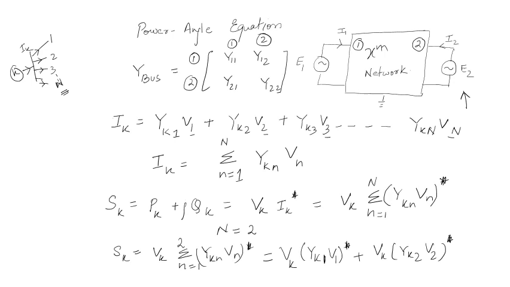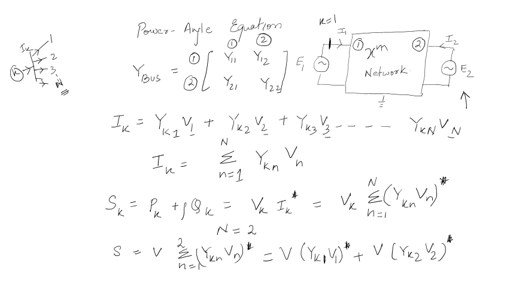So this is how your equation changes. Now if I take the kth bus as bus number 1, then actually I am calculating the power of bus number 1. So I will replace this power.